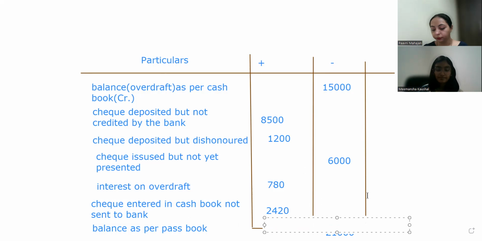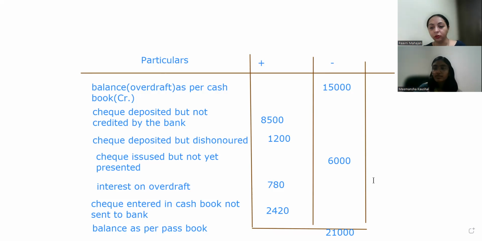And then what amount did you get now? 27900. Deduct 6,000. Yeah, 21900. So because already the negative balance is more, you get overdraft as per passbook.